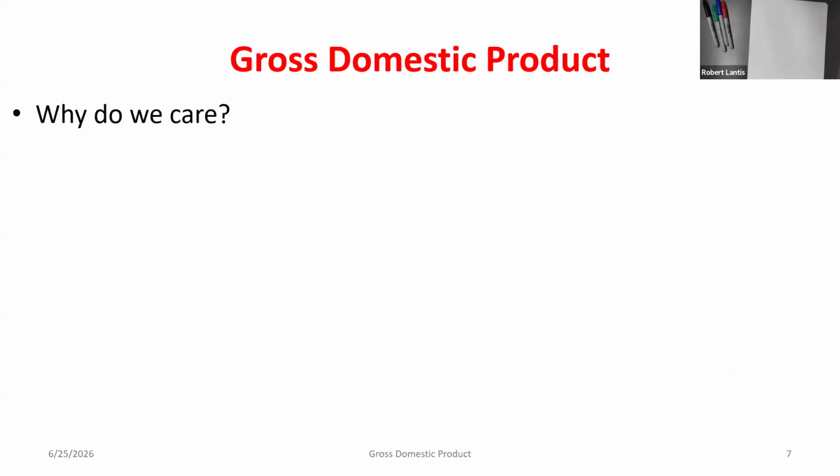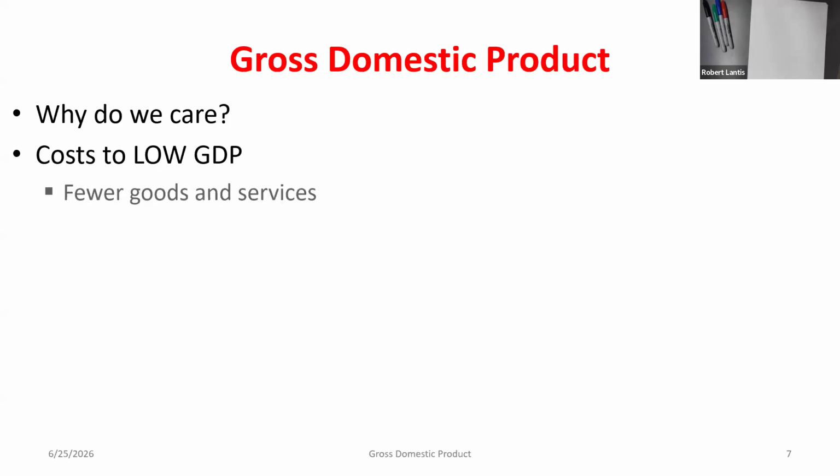So why do we care about GDP? Well, higher levels of output, or higher levels of GDP, we can generally think of as a good thing. Let's think about the flip side. Why would low GDP be a bad thing? If I have low GDP, it's measuring the output of my economy. If output is low, employers don't need as many workers.